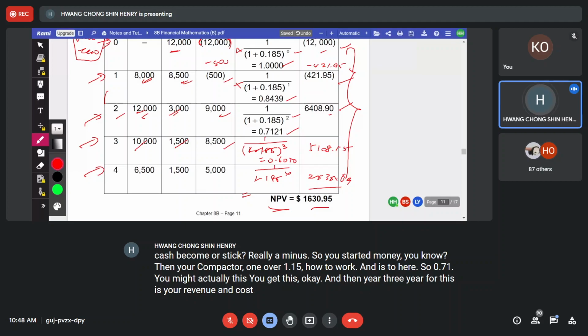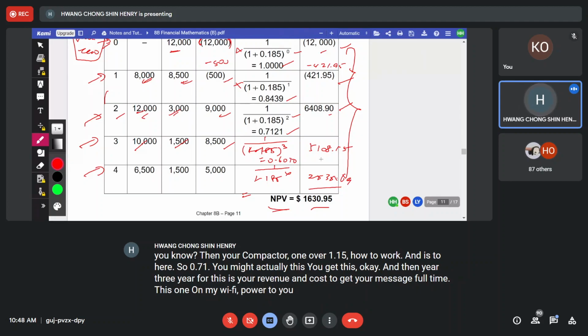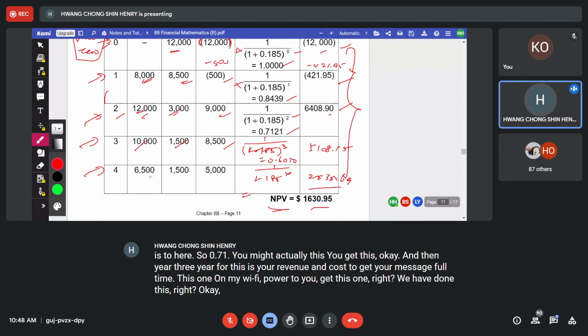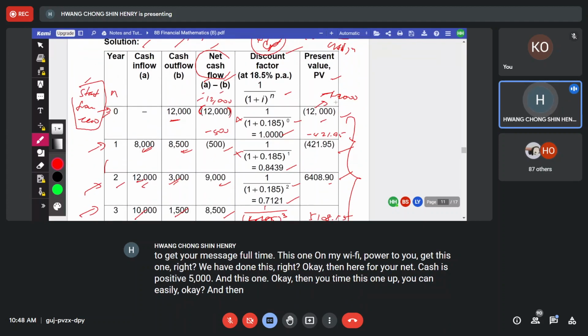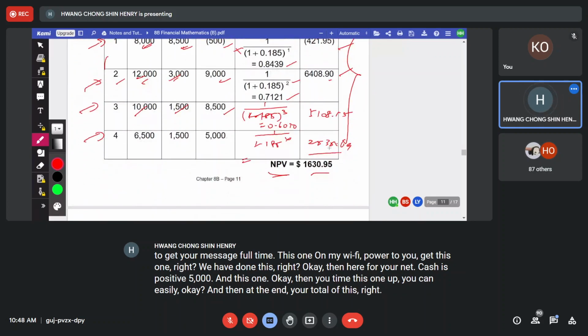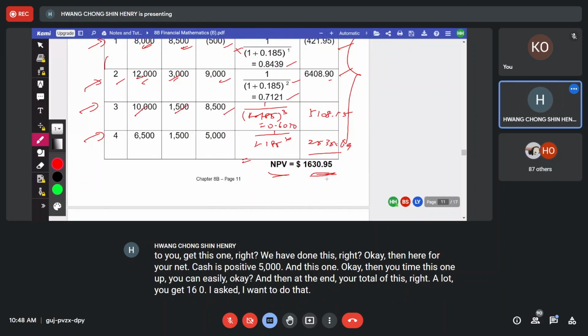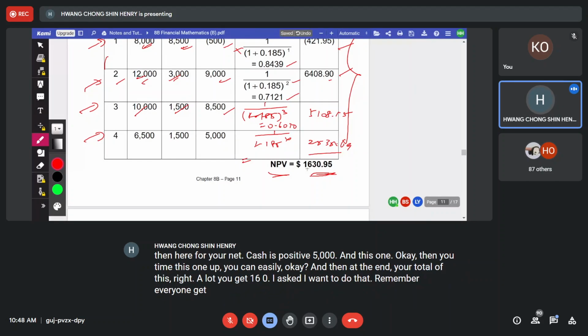You get your net cash flow times 1.185 power 3. You have done this, right? Then year 4, your net cash is positive 5,000 times this one. Then you add these up, this is your PV. At the end, you total up, you get 1630. I asked everyone to do that, remember? I hope everyone gets positive 1630.